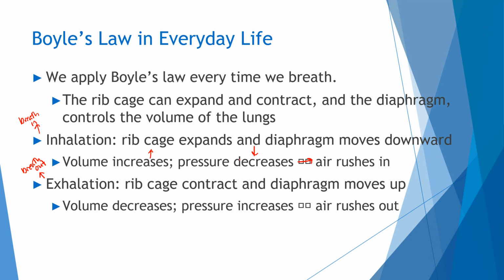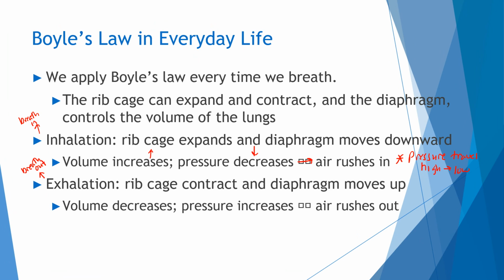Now, why would air rush in when the pressure decreases? I want to make sure that you guys add this to your notes. Pressure will always travel from high to low. So if you decrease the pressure within your lungs, that gives it lower pressure, and so air is going to travel to that lower pressure.